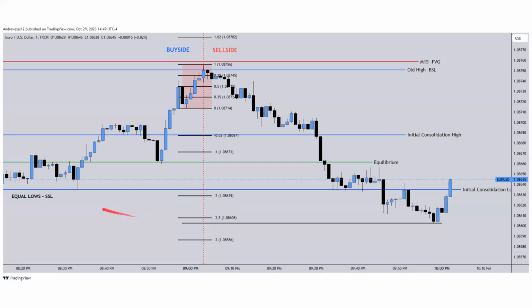And this is how price is delivered algorithmically day in and day out. This time frame is perfect for intraday traders, scalpers. Since price is fractal, you can do this on all time frames if you want to swing trade or intraday trade.